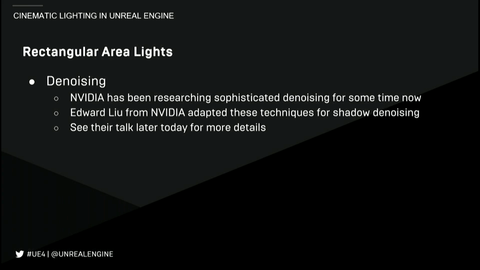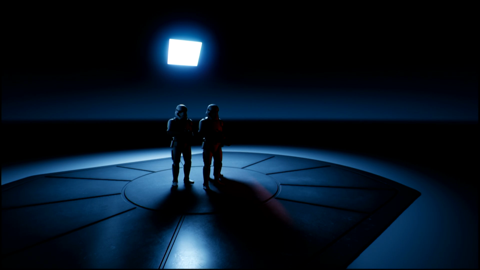So Ed Liu from NVIDIA adapted these techniques for shadow denoising for our demo. He will be talking, I think, with Ignacio later today, if you want to swing by that same talk. But if you look at the result, you can see it's nice and clean. If you go back and watch the video, you can see that even in motion, it holds up very, very well. And this lets you get away with quite a small ray budget with still a good look.